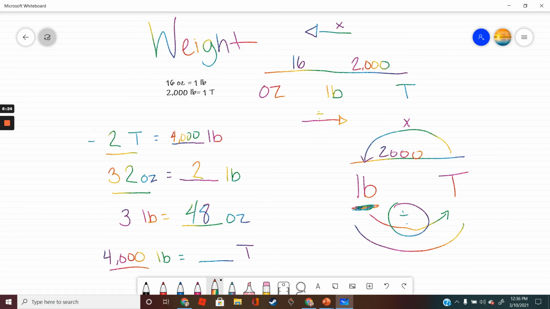So they give us 4,000, and they want us to divide it. 4,000 divided by 2,000. And when we do that, basically this says how many groups of 2,000 can we take out of 4,000? Well, 2. 2 tons.